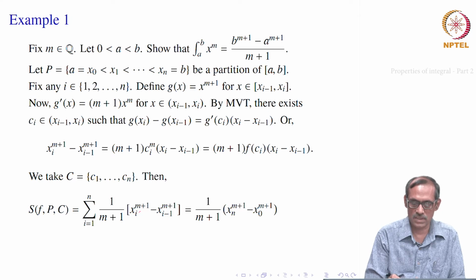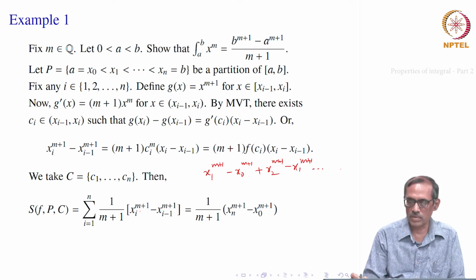So, it appears the first sum looks like x_1 to the power m plus 1 minus x_0 to the power m plus 1, then plus x_2 to the power m plus 1 minus x_1 to the power m plus 1, it continues up to the nth one. So, you see that this minus term remains, but this one is cancelled.